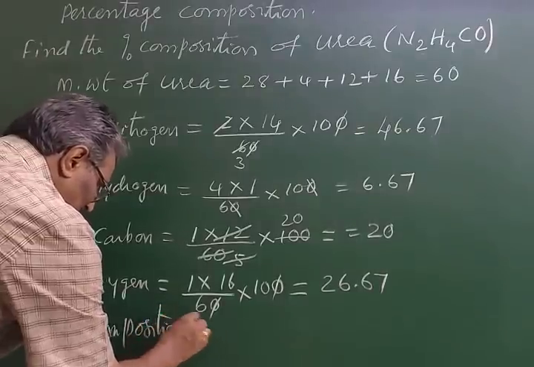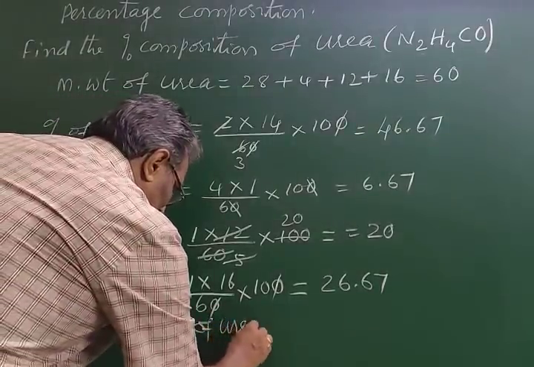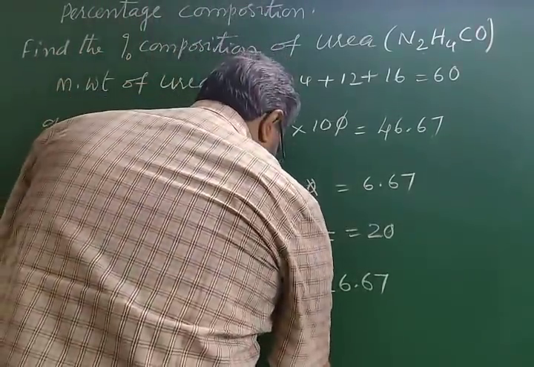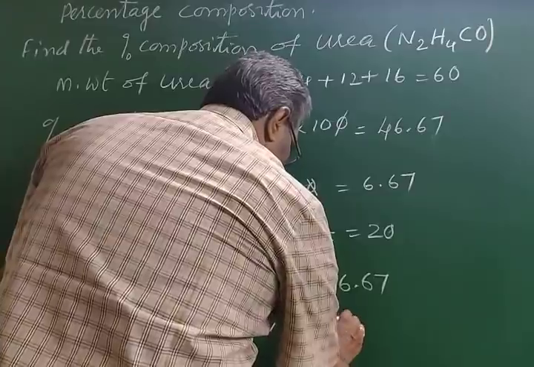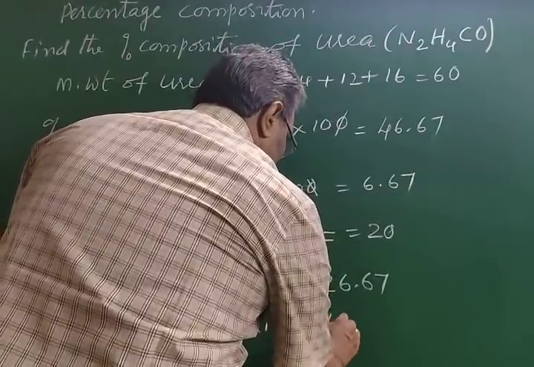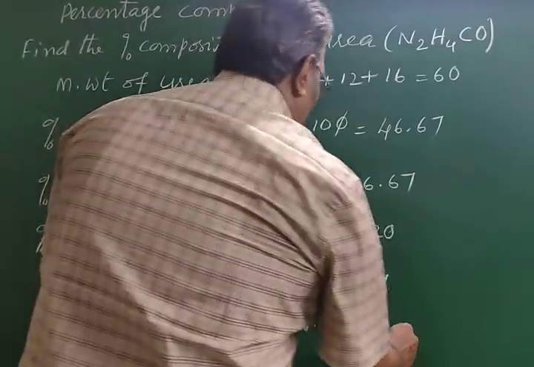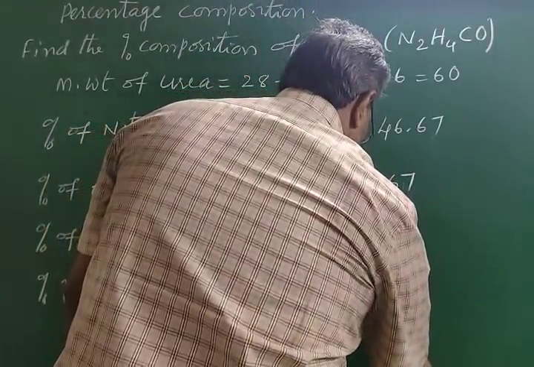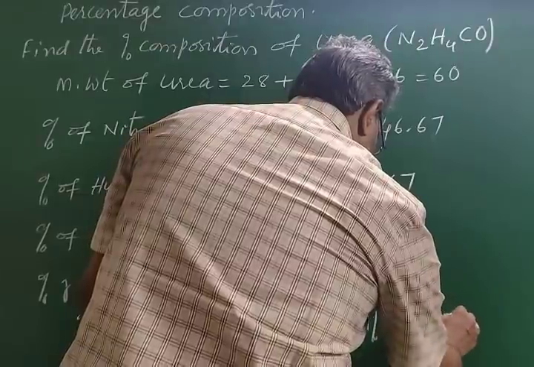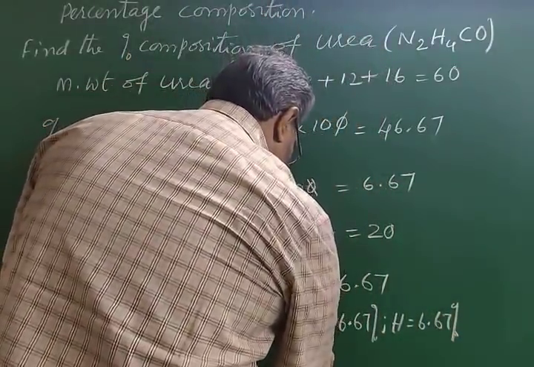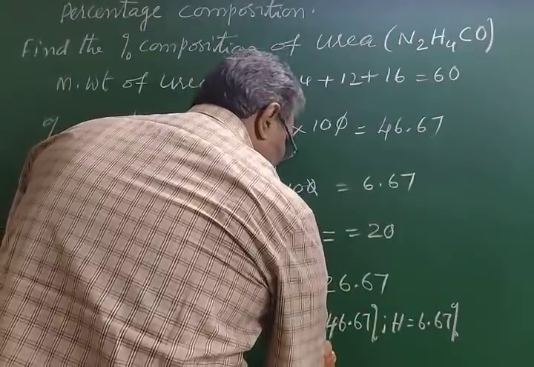So what is the percentage composition of urea? Nitrogen is equal to 46.67%. Hydrogen is equal to 6.67%.